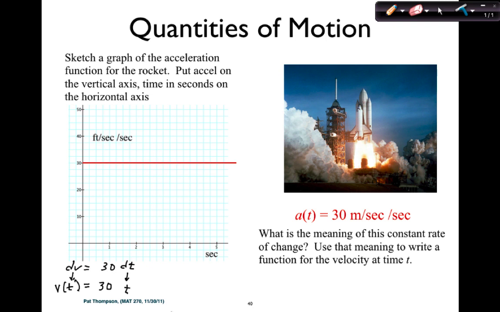Is that fair? If at time 0 we had some other speed to start with, we could still write this for constant rate of change, but we could not write this.